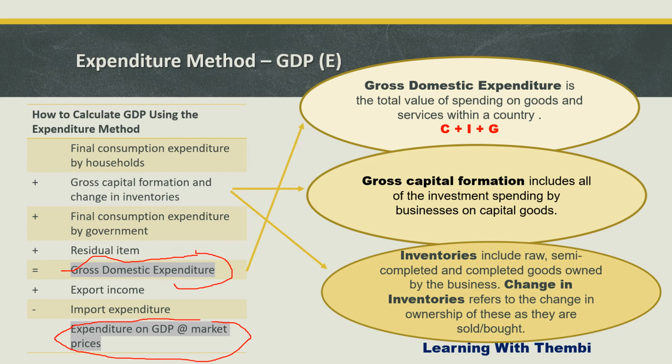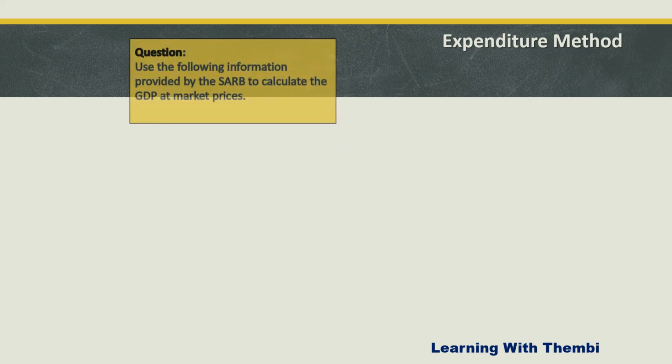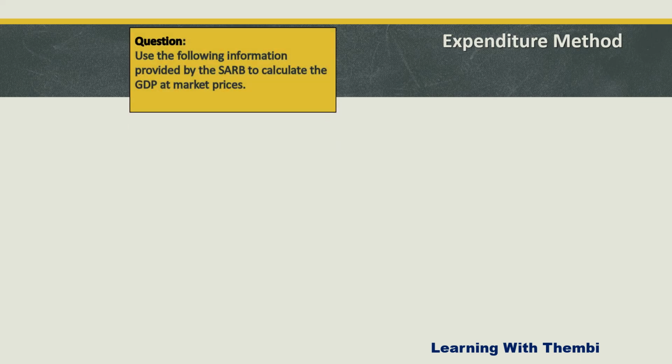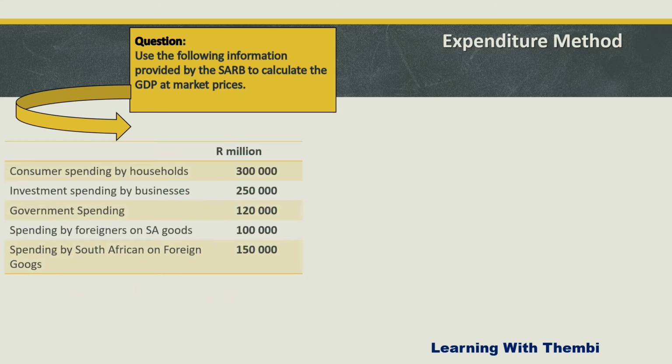Now we're going to look at an example of how you can answer a question on the expenditure method when you are calculating the GDP. Now, here's an example of a question related to the expenditure method. It says here, use the information provided by the South African Reserve Bank to calculate the GDP at market prices. And this is the information that you're given.